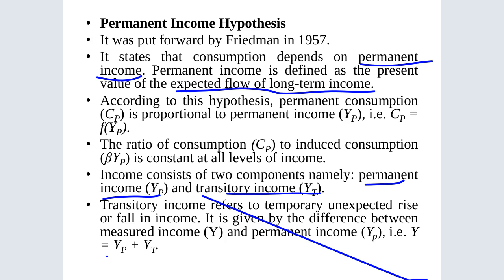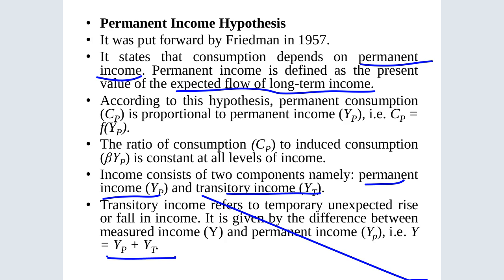So you continue from the permanent income hypothesis that I was talking about. I said that income consists of two components: the permanent income component and the transitory income component.